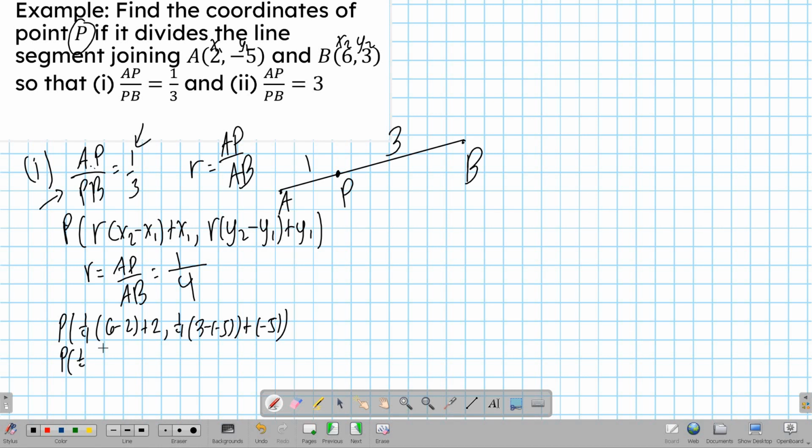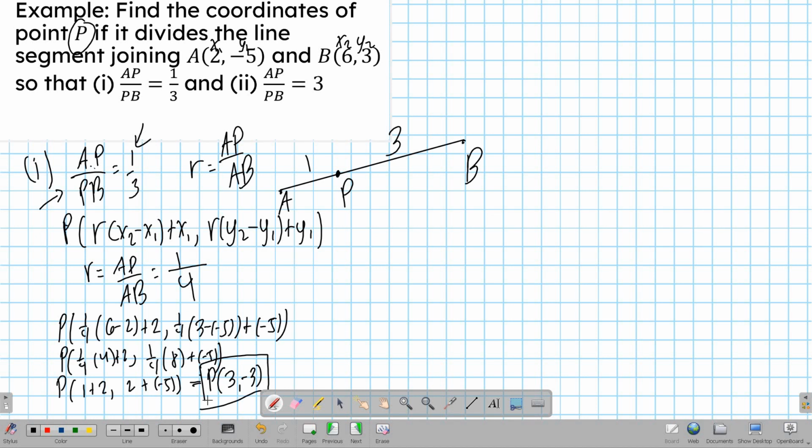Therefore, that would be 1/4 times 4 plus 2, while on the other hand, 1/4 times 8 plus negative 5. So, point P: 1/4 times 4 is 1, plus 2, while 1/4 times 8 is 2, plus negative 5. Therefore, P has the coordinates 3, negative 3.